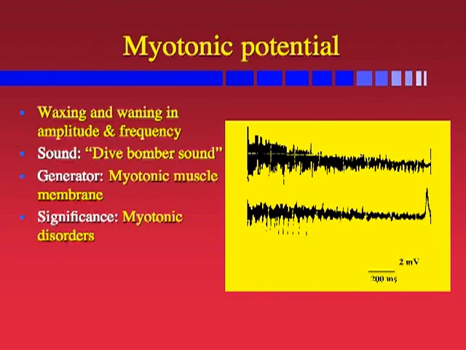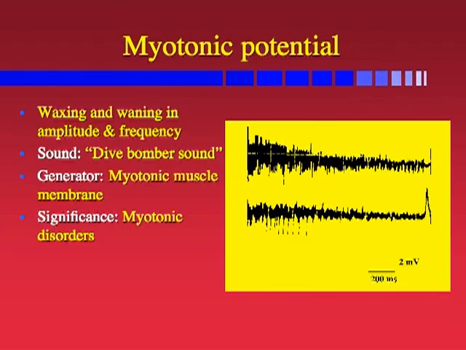If a single myotonic potential fires at a slower rate, this may sound and look like fibrillations or positive sharp waves. Myotonic potentials are generated by the spontaneous, constant depolarization of the muscle membrane. It is important to differentiate myotonic potentials from complex repetitive discharges, or CRDs, by waxing and waning of amplitude and frequency of myotonic potentials.